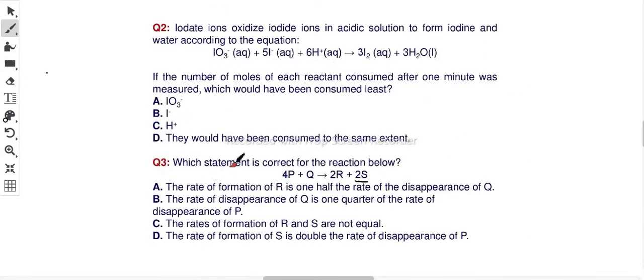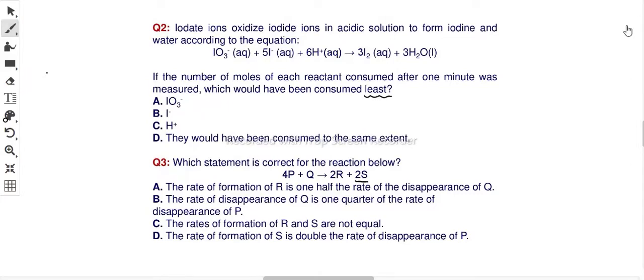I have now question number 2. Iodate ions oxidize iodide ions in acidic solution to form iodine and water according to the equation. If the number of moles of each reactant consumed after 1 minute was measured, which would have been consumed the least?